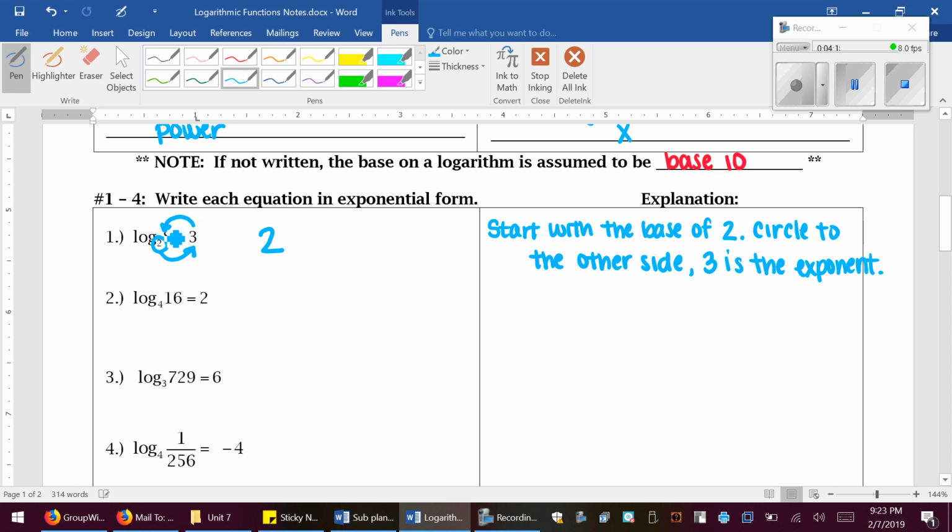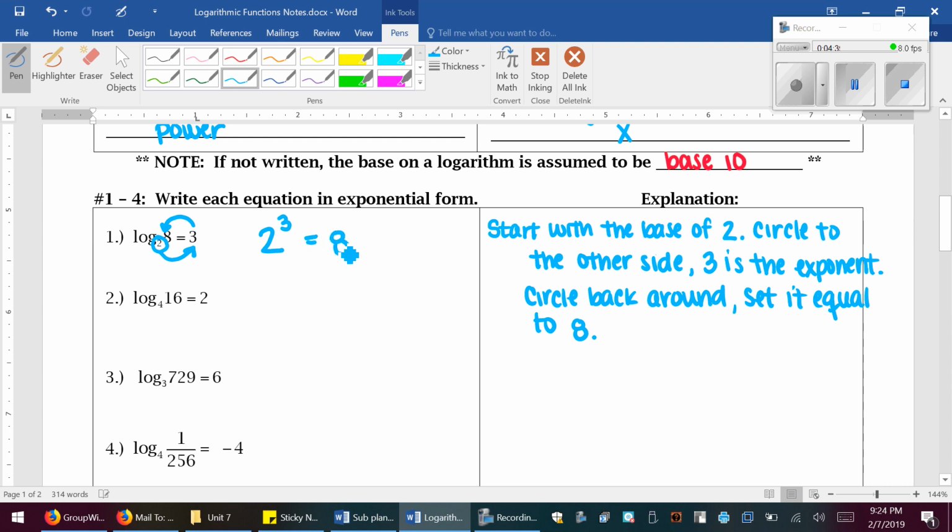Circle back around. Set it equal to 8. And if you do this correctly and it has numbers, it should be a true statement. 2 to the third power is actually 8.